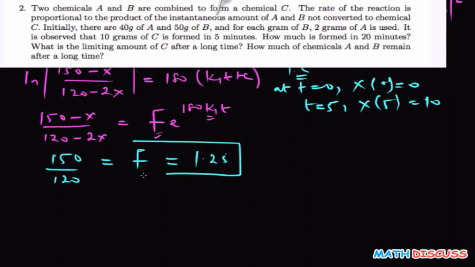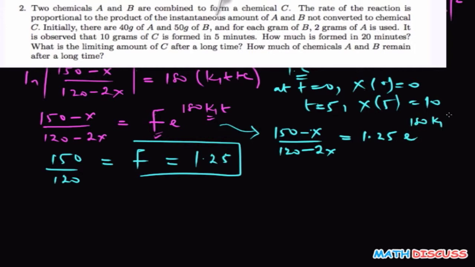So this is the value of f. So this implies that we have 150 minus x divided by 120 minus 2x equals 1.25 e to the power 180 k1t. So we still have a funny man here, that's k1.